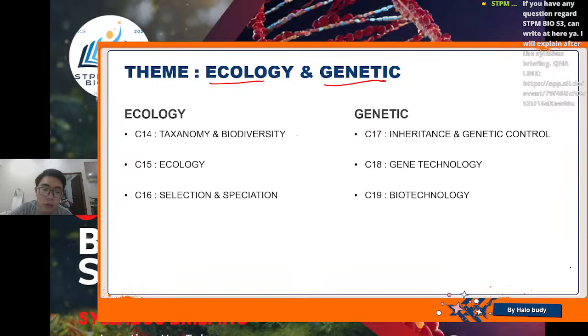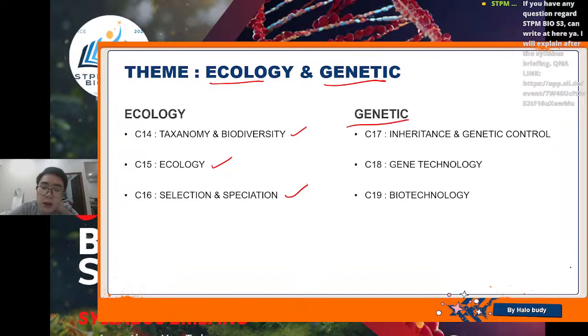But ecology and genetics are big topics. You may see that there are only 6 chapters, but your learning outcomes are very large. In these 6 chapters, the ecology theme starts with the first chapter, taxonomy and biodiversity, then ecology, and the final chapter for the ecology theme is selection and speciation.